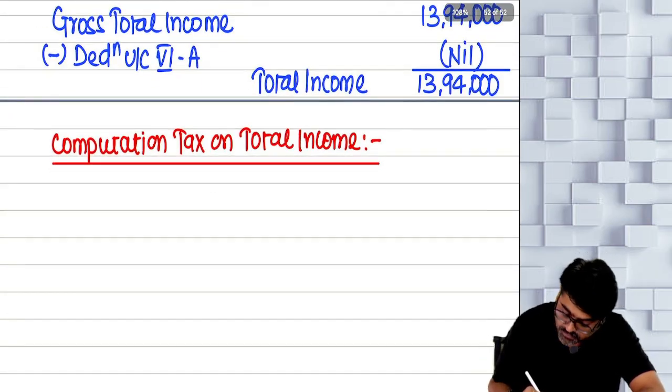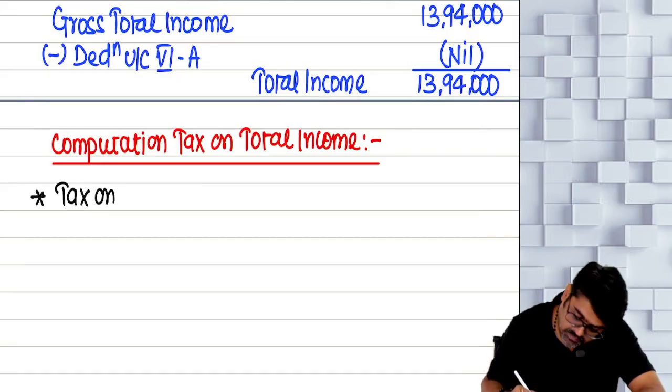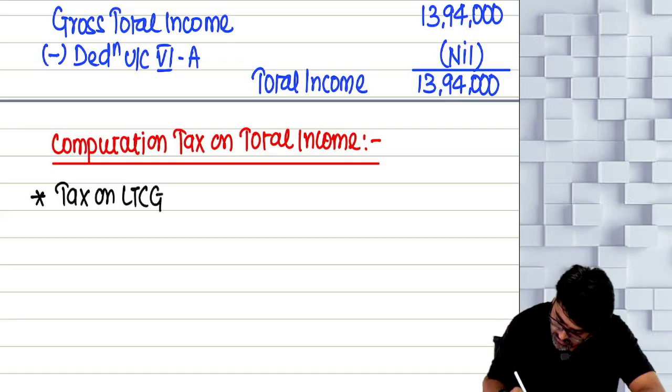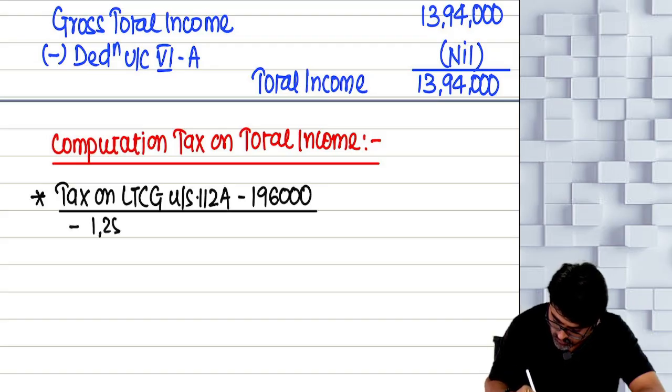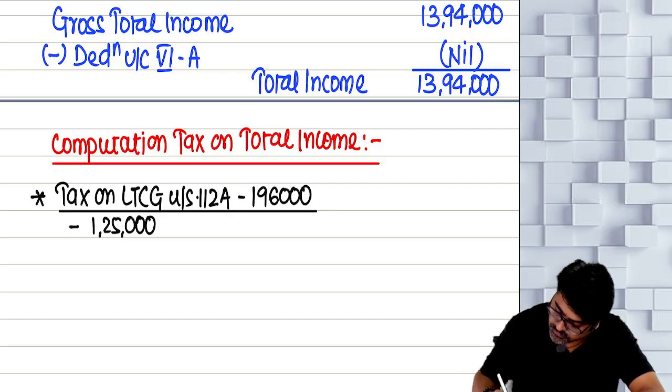So tax on LTCG under section 112A, how much? 1,96,000. On the first 1,25,000, how much tax? Tell me. Nil.